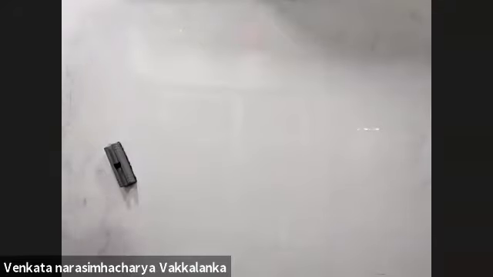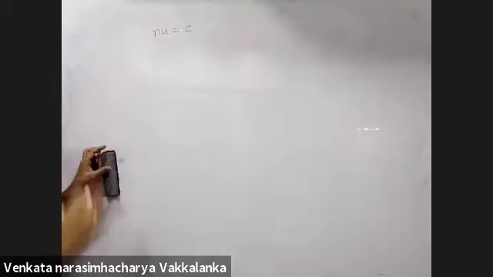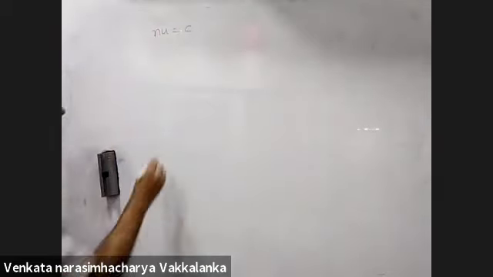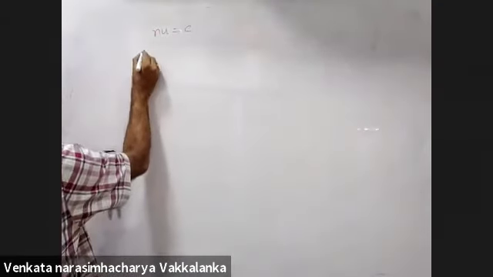अब सुनो. Measurement of a physical quantity n into u will be constant. N is the number, u is the unit. Suppose you are converting SI into CGS or CGS into SI.